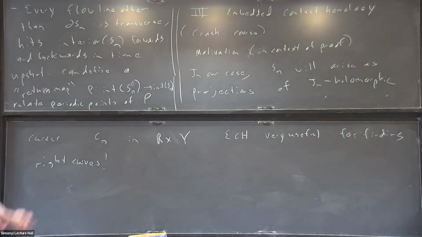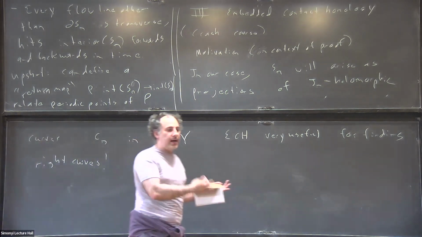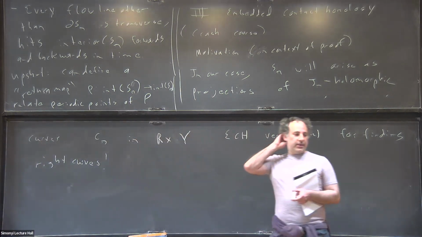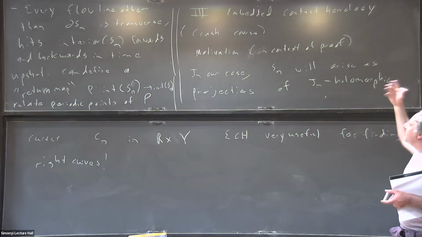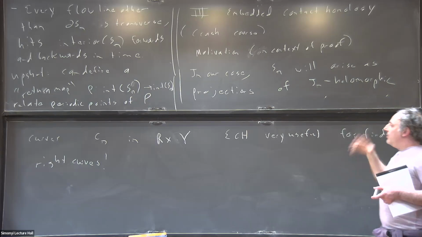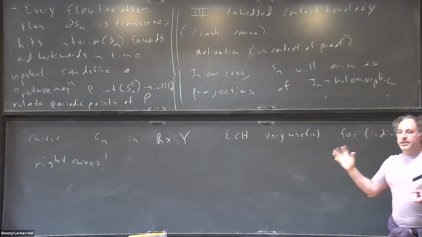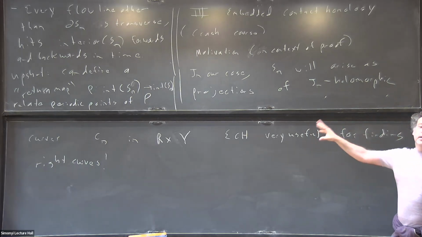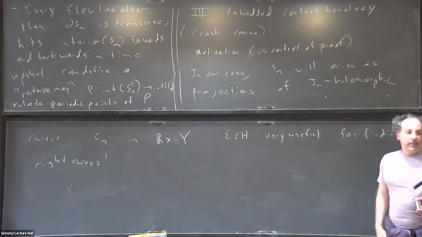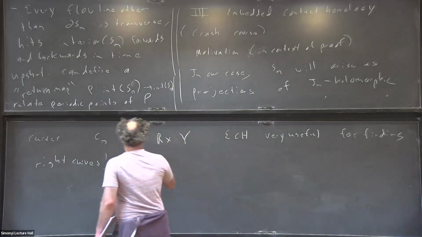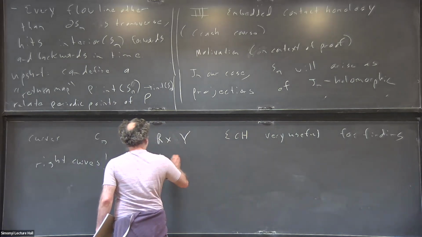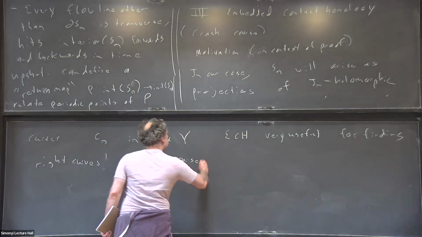Okay. So any questions about that before I get into the crash course of how ECH is good for this? When I say in the context of our proof, there's plenty of other things that ECH is good for, but for our purposes, we just want to use ECH as a kind of factory to give us J-holomorphic curves. Okay, so let me do this crash course.